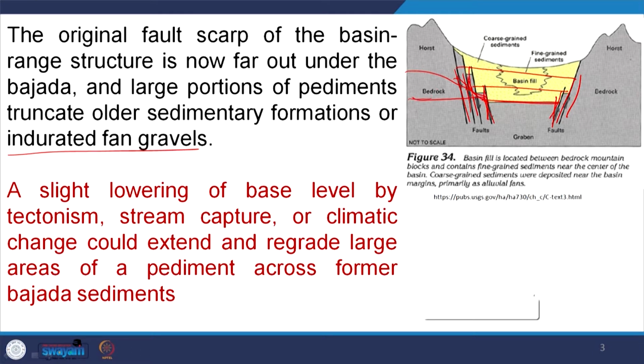If the next stage of faulting is there, the mountain width gradually decreases up to this. When the third set of faults formed, the mountain width decreases like this. So, that means the more faults we add to the basin, the more distance we go away from this mountain front.